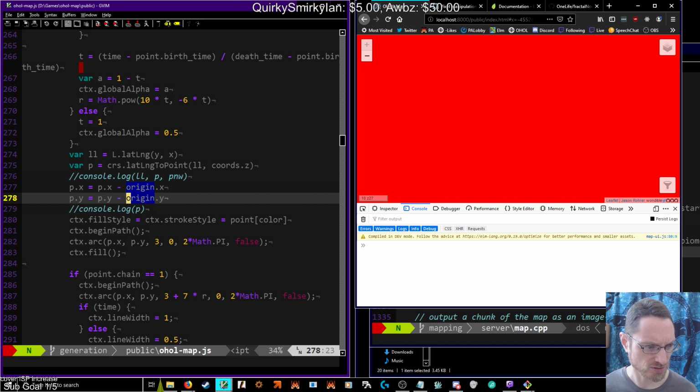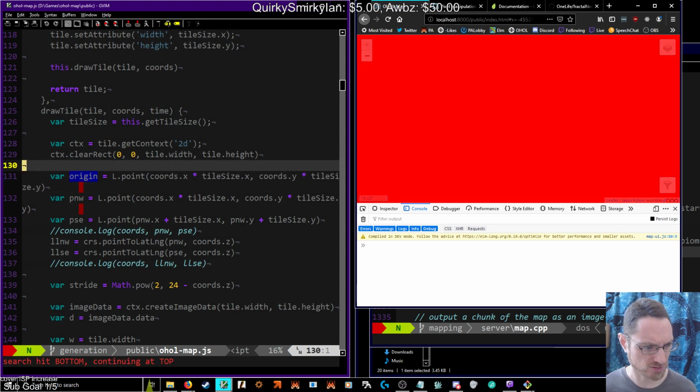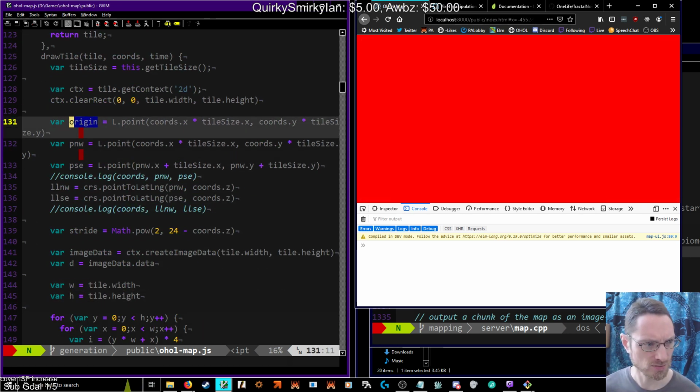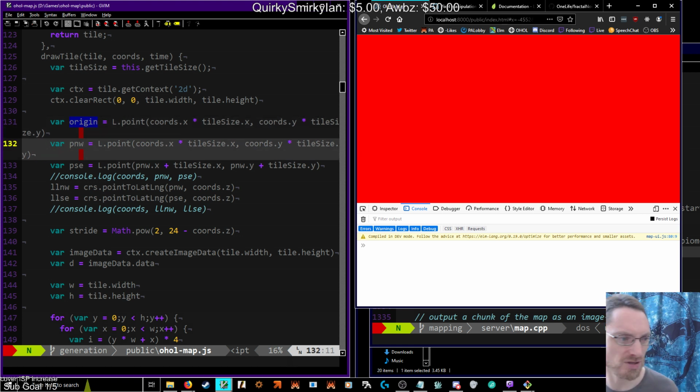So I'm using that to translate back to the canvas. So is that what I need? Oh, right, I had to separate that from here. So that is the point northwest. Is that what I need? That is how a canvas image is coordinated.